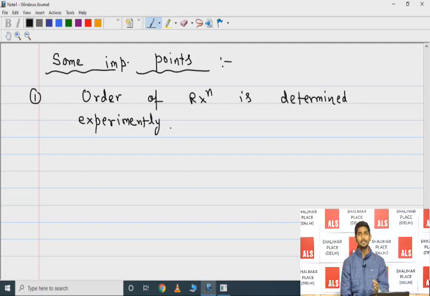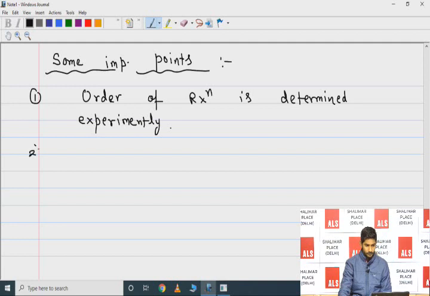A chemical reaction which looks like a first order reaction might be of second order, zero order, or third order. So order of reaction can never be judged, and we cannot get any information just by seeing a chemical reaction. It is always determined experimentally. That's what you have to remember.